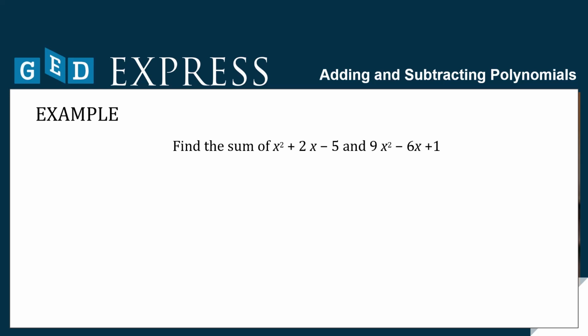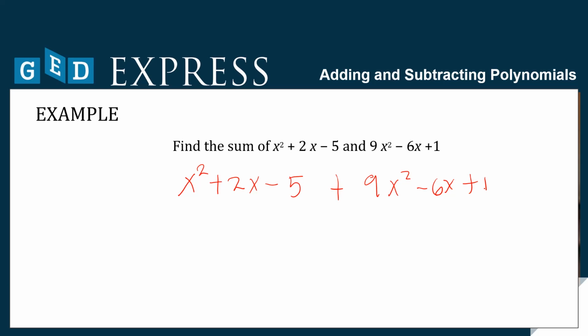First, write both polynomials with a plus symbol between them. x to the power of 2 plus 2x minus 5 plus 9x to the power of 2 minus 6x plus 1. And then combine like terms to find the answer.